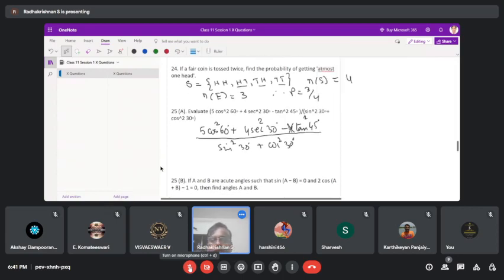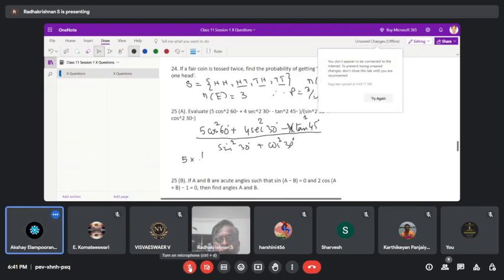Let us just substitute. What is cos 60? 1/2. Correct. Plus 4. What is secant square 30?